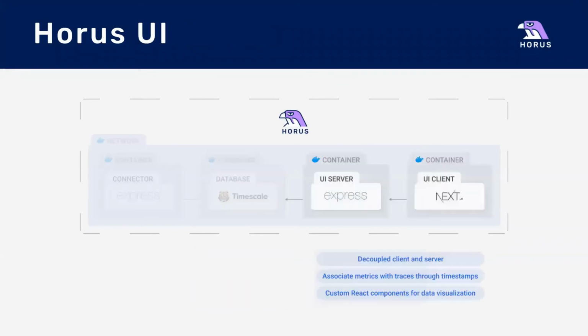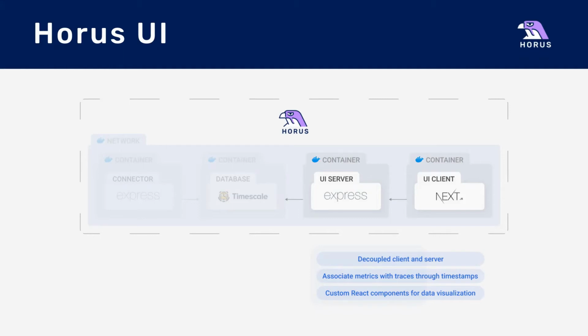Now, the final piece is the UI, which at a high level you can think about as a single architectural component, but here we're displaying it as two parts because they're running in two different Docker containers. One is the UI server, an Express app that queries the database.